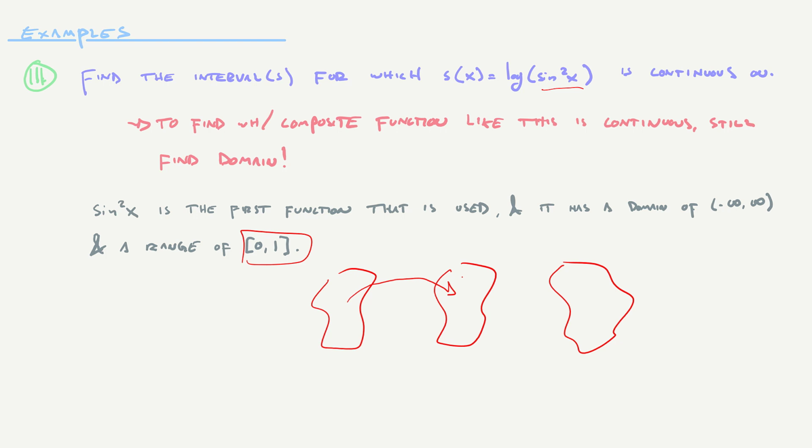Then, hopefully, wherever you land is inside the domain of the outer function, in this case a logarithm, whose domain is actually 0 to infinity. And if it is, then you're allowed to run it through the next function to figure out what's going on. So this is sine squared of x, and then this is the log of the sine squared of x. That's what happens when you run an x value through a composite function like this.